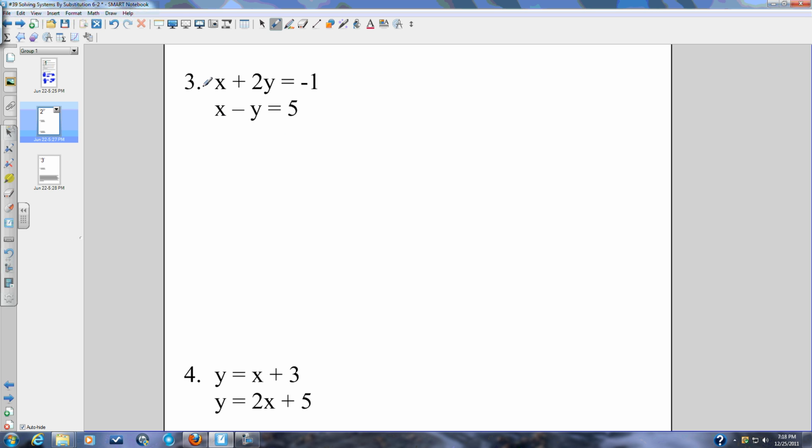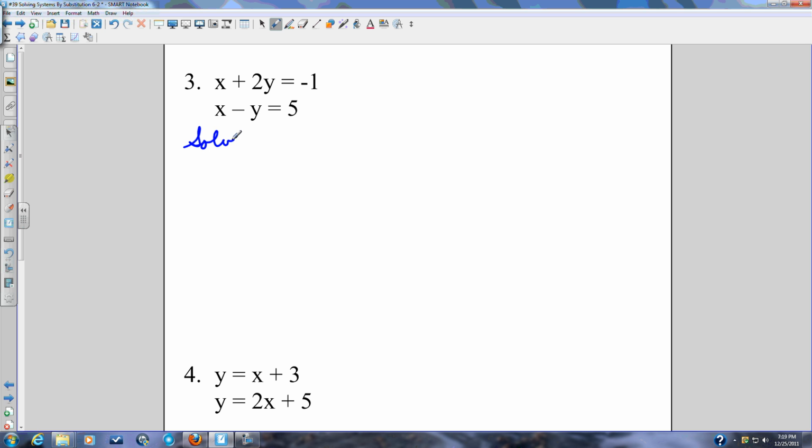So for example, I'm looking at these two equations, I'm thinking, oh, well, I could solve for x in the second one just by adding y to each side. So I'm going to pick that one. It really doesn't matter which one we choose, whether we solve for x or for y, but just pick what's easiest. And it doesn't matter which equation you use first.